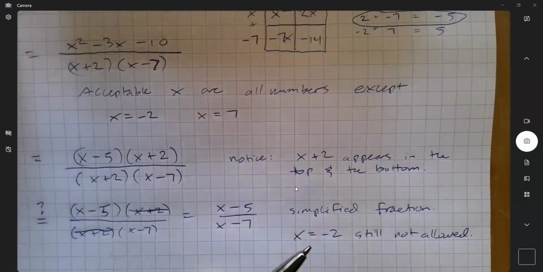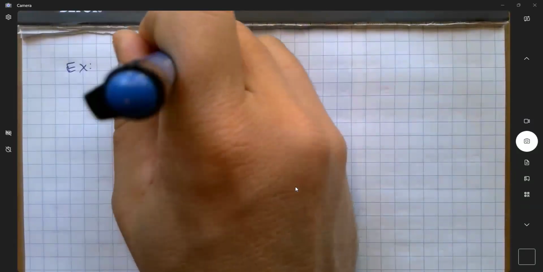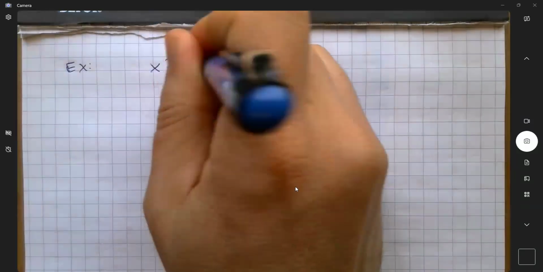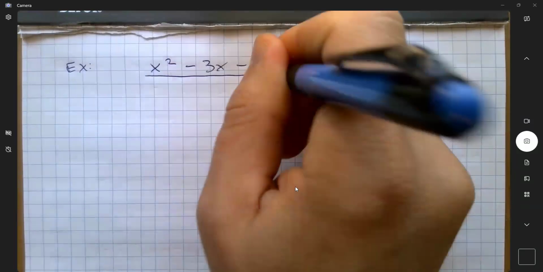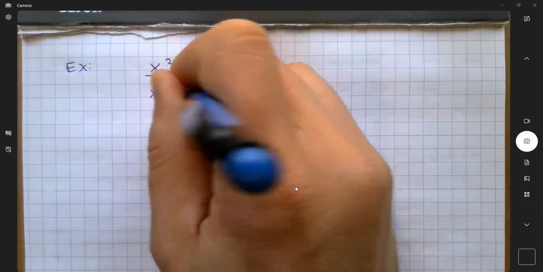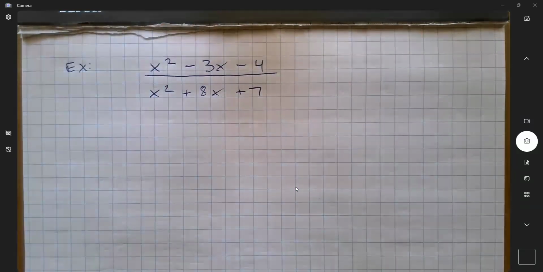Let me do another example, because I kind of ran out of room, so I'm going to pick another example. Let's look at x squared minus 3x minus 4 over x squared plus 8x plus 7. I think this is going to work.